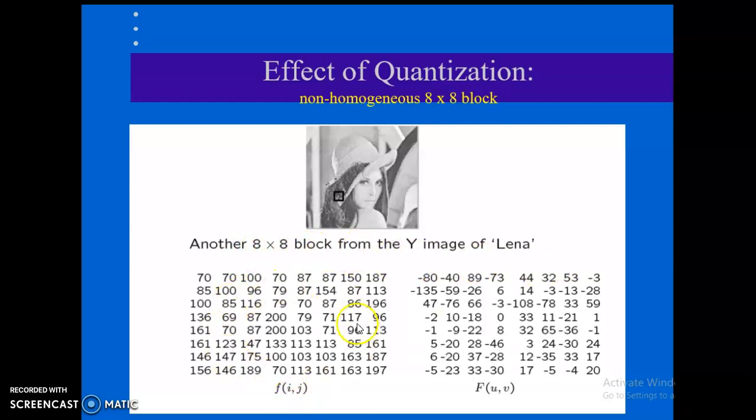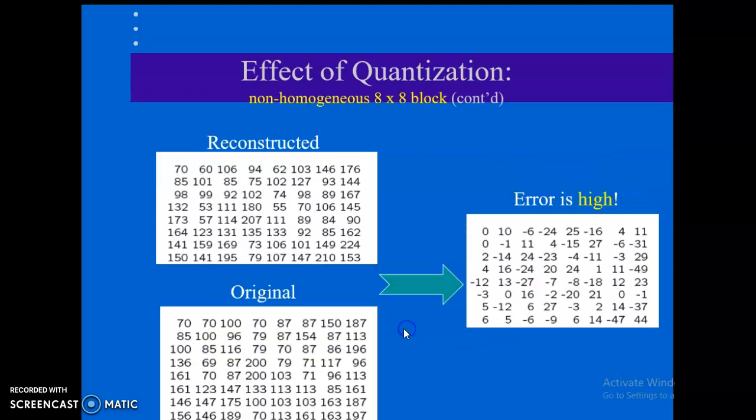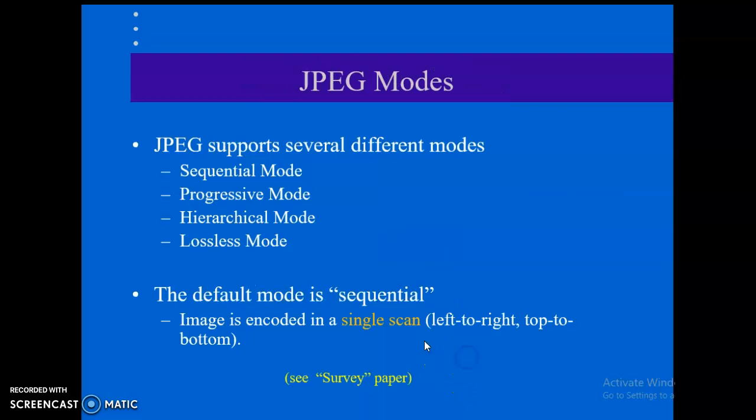Here f(i,j), here F(u,v). The quantized coefficient F-cap(u,v), and the dequantized coefficient. Continuing, the reconstructed block compared to the original shows the error is high.